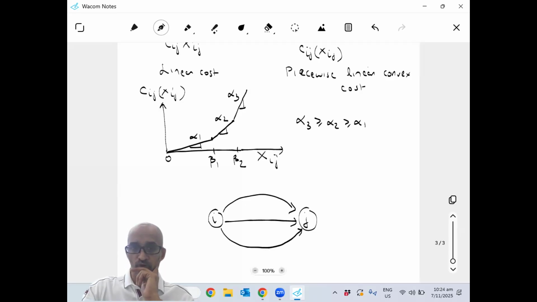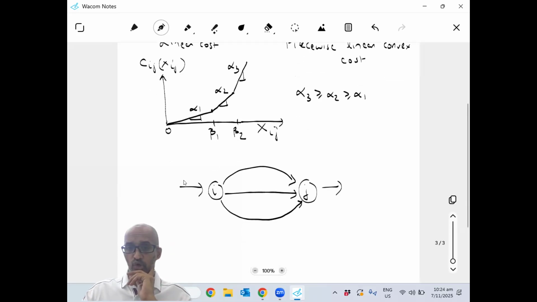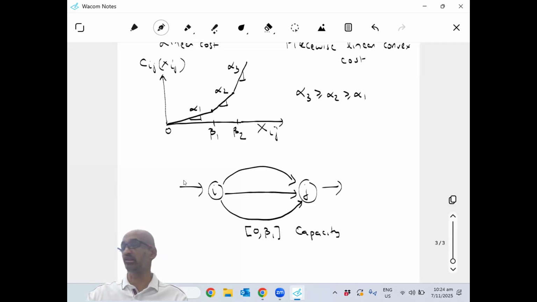There might be some incoming arcs, there might be outgoing arcs. That's fine. Let's look at this part. So what do I want? Let's say the first arc: I want this to capture the flow if it is between 0 and beta 1. So I'm going to make the capacity of this 0 up to beta 1. So I can only send between 0 and beta 1. So this is my capacity, upper and lower bounds of this link.